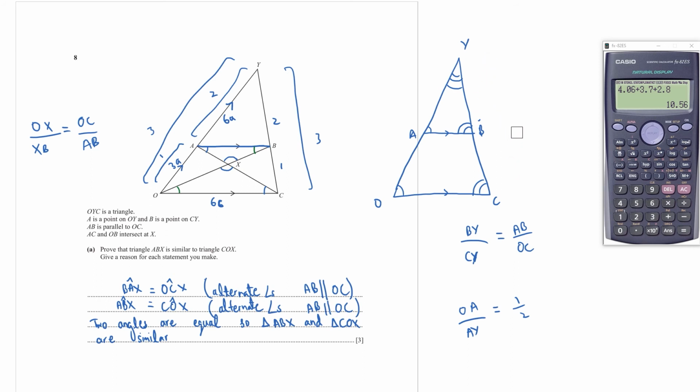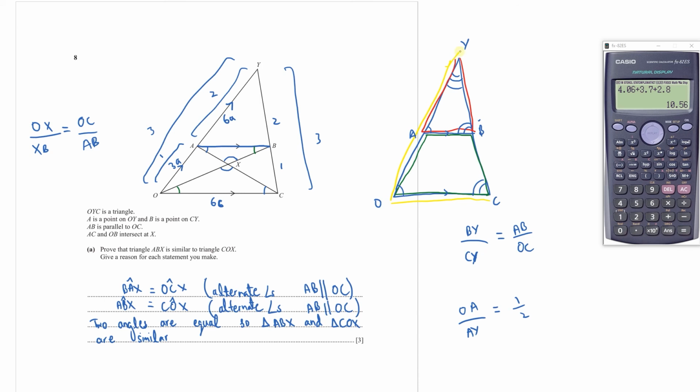So now we are looking for area of this triangle AYB ratio area of this quadrilateral or trapezium OABC. So I know that this green triangle AYB is similar to this yellow triangle OYC.